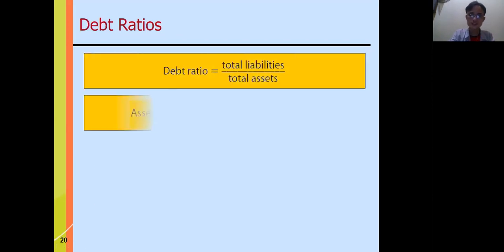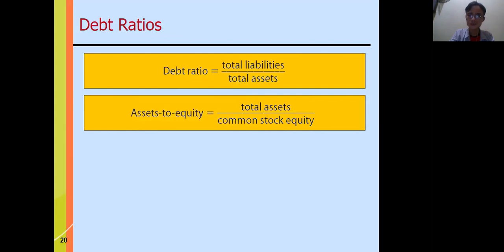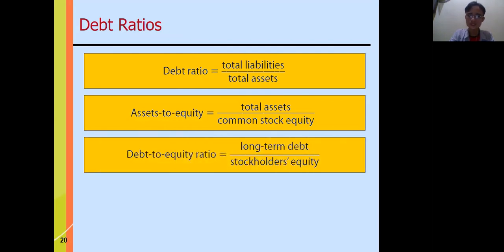Then debt ratios, focused on our liabilities. Debt ratio is total liabilities over total assets. Assets to equity, it's there already in the name, A over A, so total assets over common stock equity, only the equity belonging to our ordinary shareholders or common stockholders. We also have debt to equity, so long-term debt divided by total stockholders' equity.